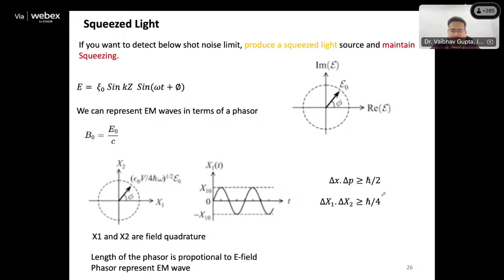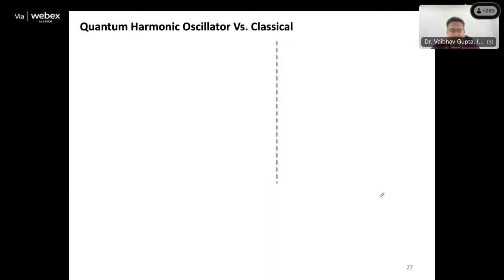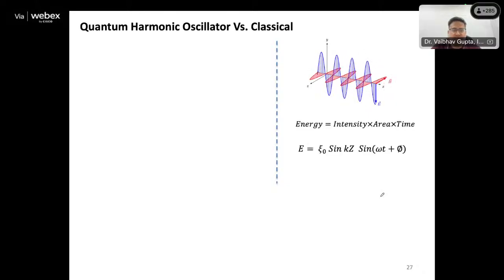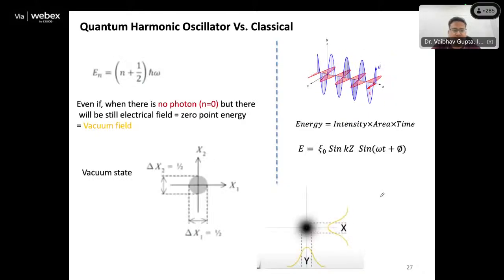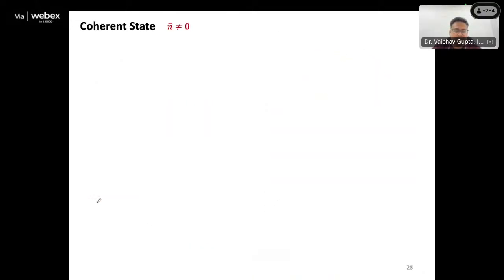The reason for this formula comes from the next slide, that these two are the quadratures, and this comes because of the uncertainty principle, or you can also say from this vacuum state, that even if there is no photon, the uncertainty is always there. So that is the vacuum state.